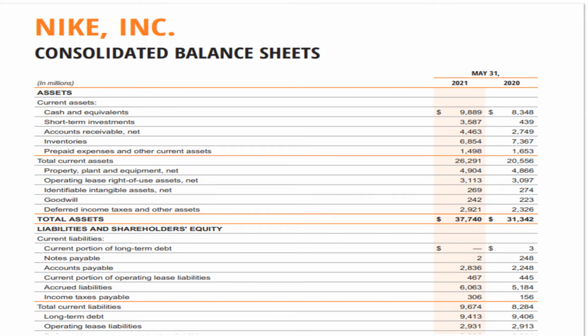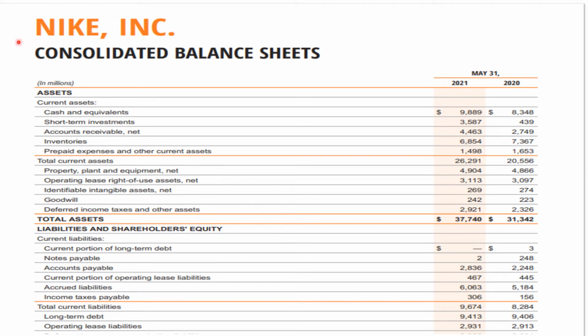According to IAS 1, other or additional information are required by companies when they publish their financial statements. Let's look at those additional information. Number one is the name of the reporting entity. And I've used the example of Nike here, Nike Inc., which is based in the US.